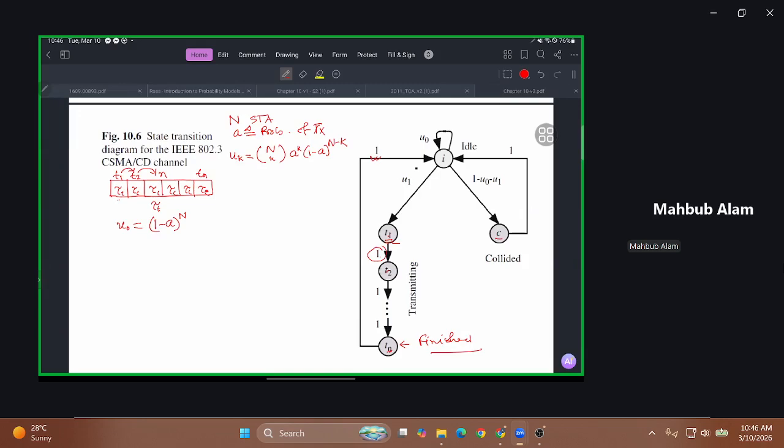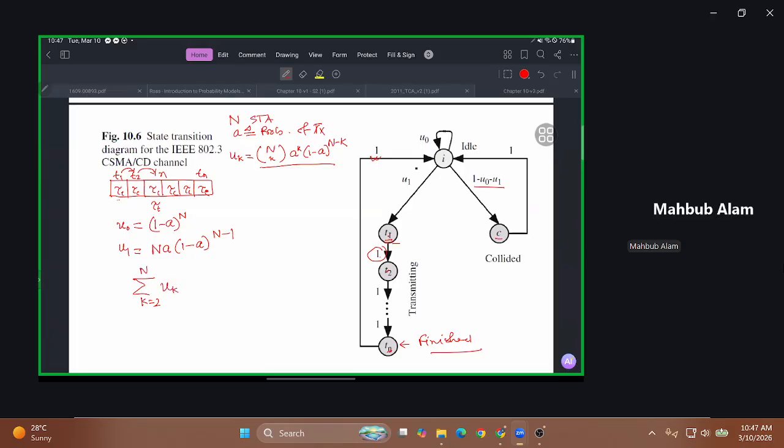The second probability that we need to find is u sub 1. u sub 1 is the probability that a single station is transmitting. We can get it from the same formula. Here n choose 1 is n, a to the power 1 equals a, and (1 minus a) to the power n minus 1. So this is the probability that a single station is transmitting, and the other probability is that two or more stations are transmitting, which can be calculated as the sum over k equal to 2 to n of u sub k.